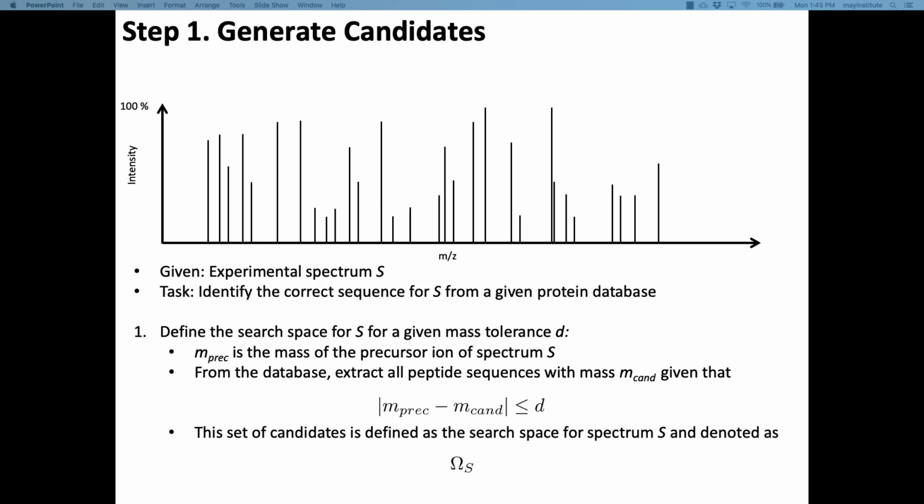Then we know that all the peptide sequences that are further than 20 ppm away in their exact mass from the accurate mass of the precursor peak, we can discard those candidates because they are too far away from what we have measured. So basically, this gives us a set, let's call it omega of S, of the candidates for which this condition holds, so that the measured accurate mass of the precursor minus the candidate's mass is under this threshold D.